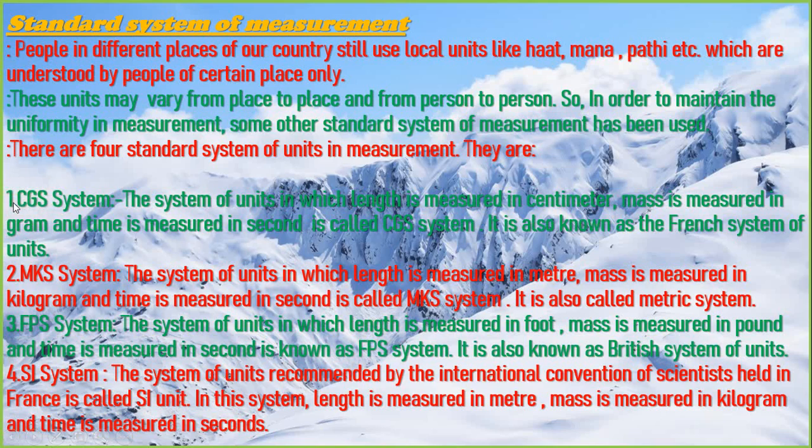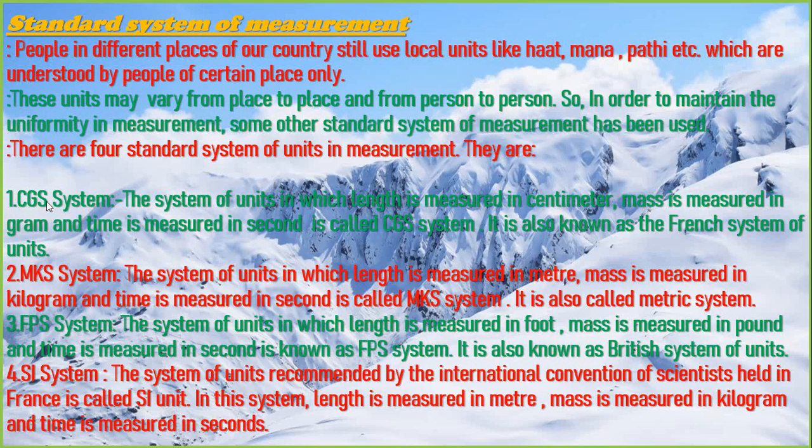These are the units of three different quantities, which are length, mass, and time. So we can easily understand that the CGS system is the system of units in which length is measured in centimeter, mass in gram, and time in second. The main thing to remember is that the CGS system is also known as the French system of units.